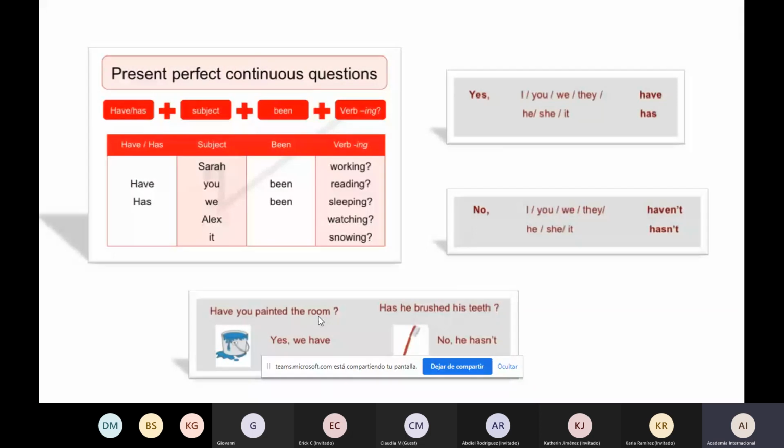Por el hecho de las respuestas, si vemos acá, estamos utilizando una estructura diferente. Have you painted the room? Or has he brushed his teeth? ¿Alguien me quiere decir cuál es la diferencia entre estas preguntas y las que acabo de mencionar anteriormente?